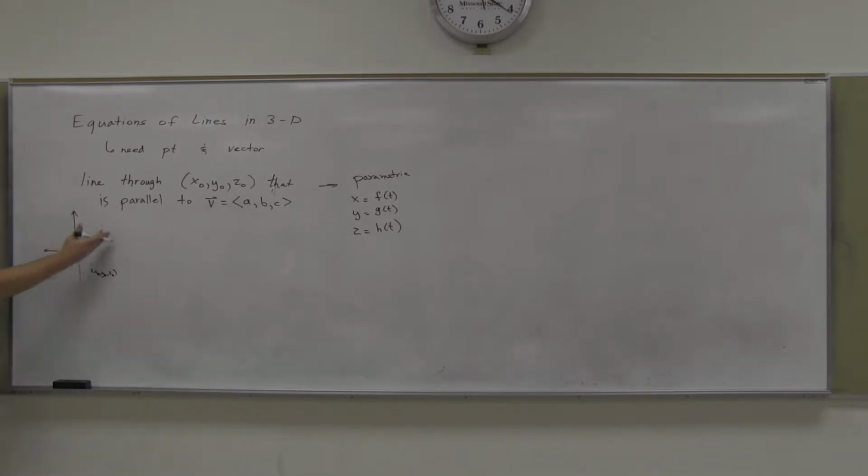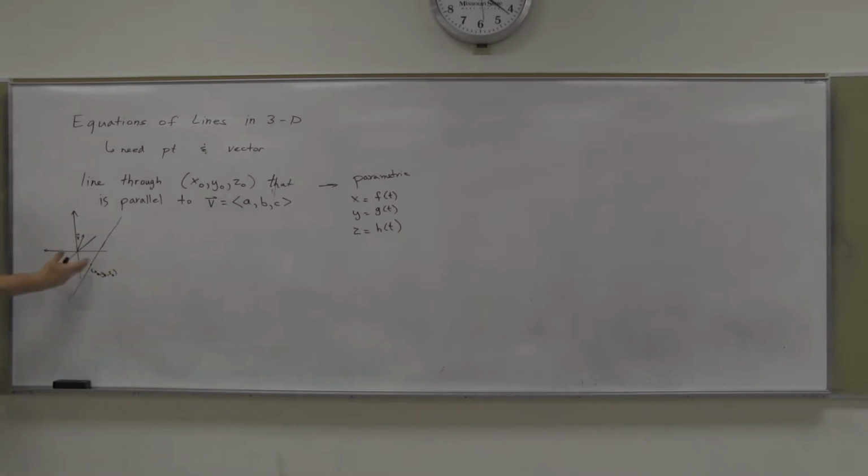So hopefully you can imagine our line is through that point and parallel to that vector, so that gives us the angle, if you will. It doesn't really matter exactly how it's drawn.